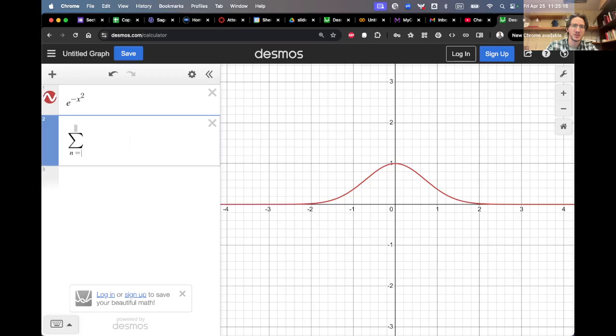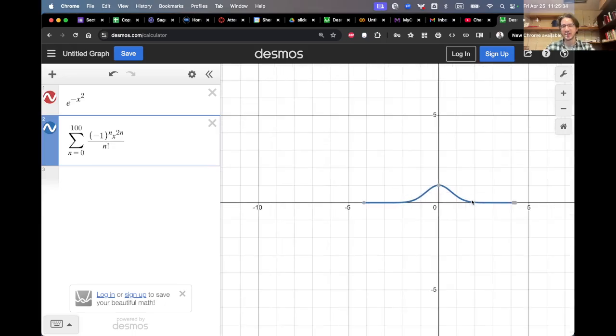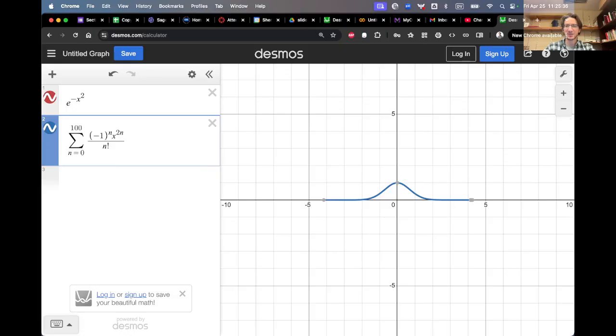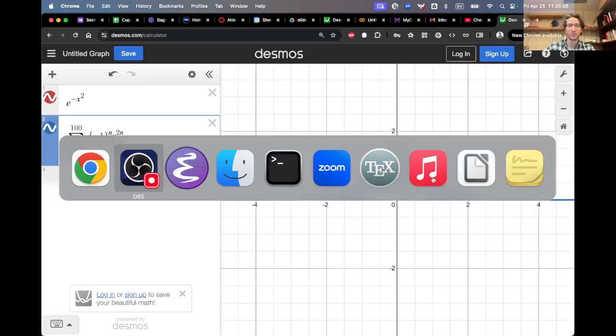And here's the sum n equals 0 to, again, technically infinity, minus 1 to the n, x to the 2n divided by n factorial. And we get the same function. Wow. And in the next lecture, I'll tell you why this is important and why this is really, really cool.